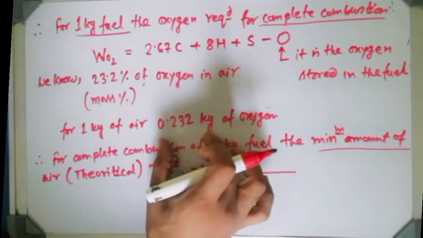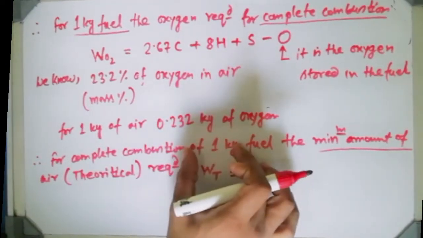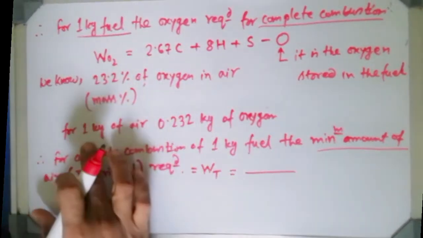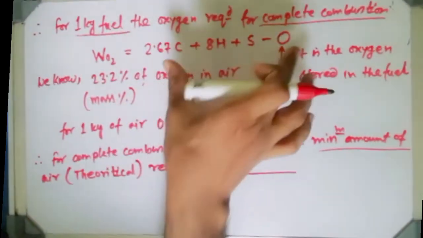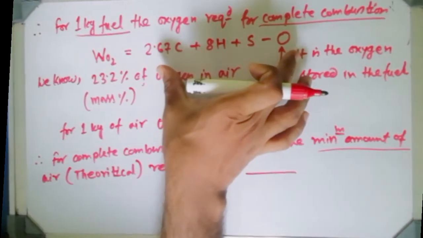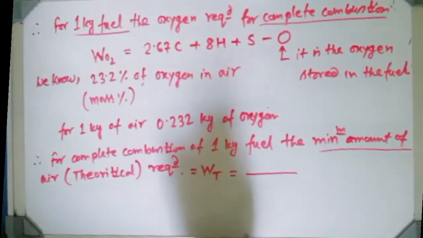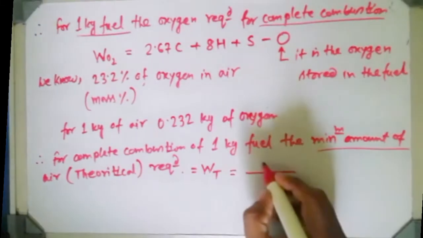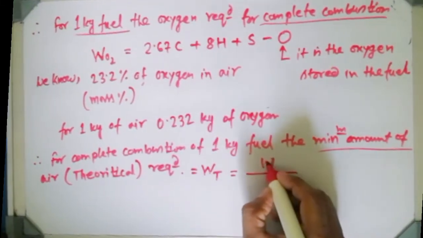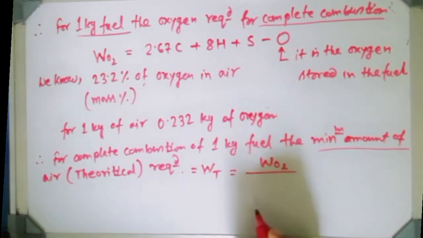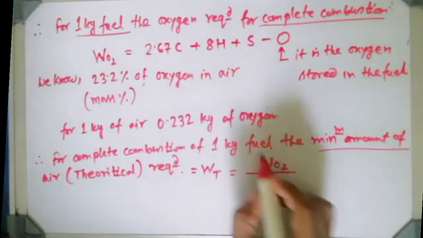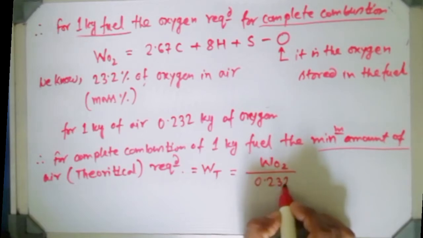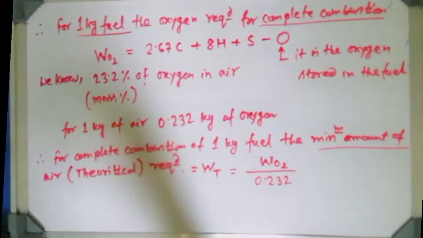A simple unitary method. It must be WO2 divided by 0.232. If it is understood, then it's good. If anybody has any confusion, it is just a simple unitary method.